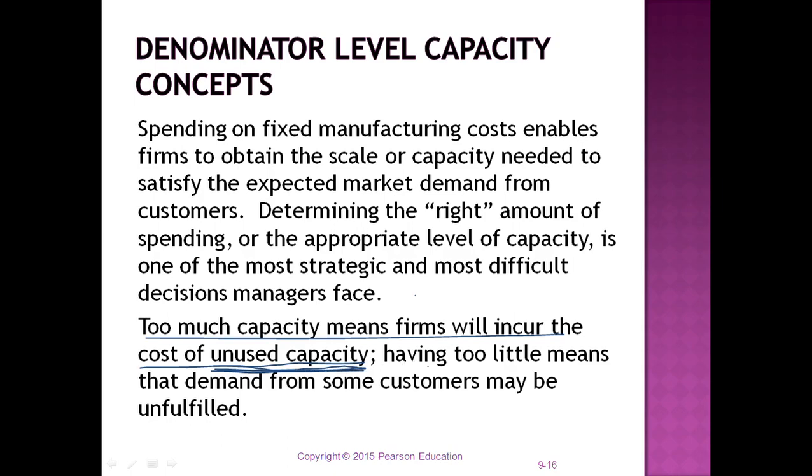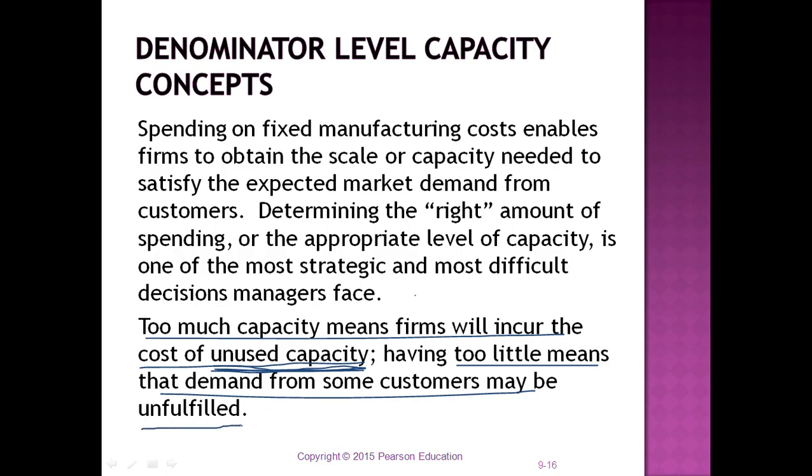On the other side, if you have too little capacity, for example, let's say your customer demand is more than 10,000, but your capacity is only 10,000. So it means you have too little capacity, and you are not able to meet the demand of your customers.